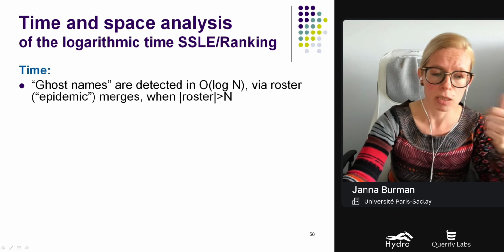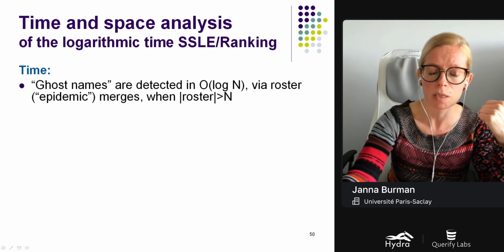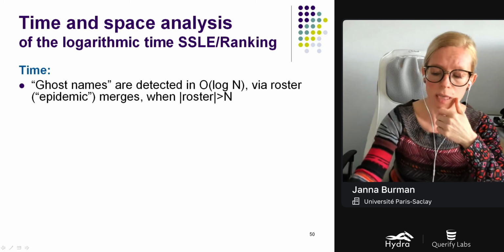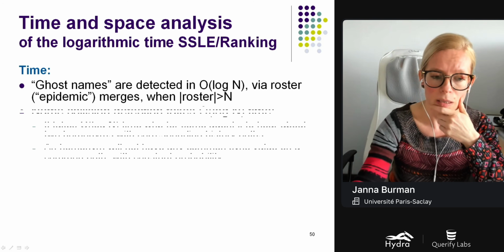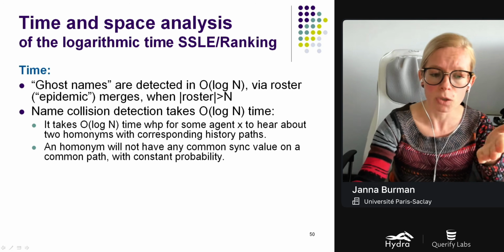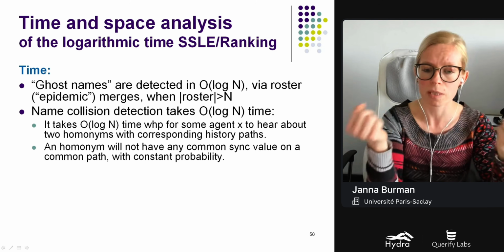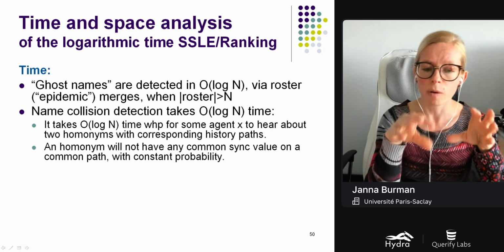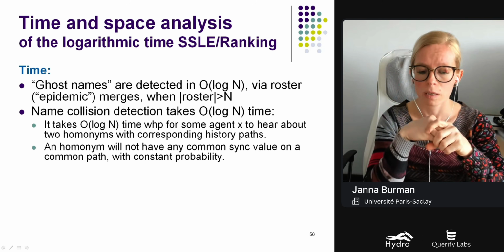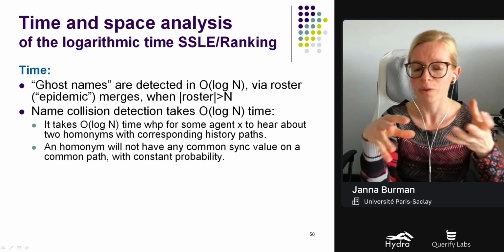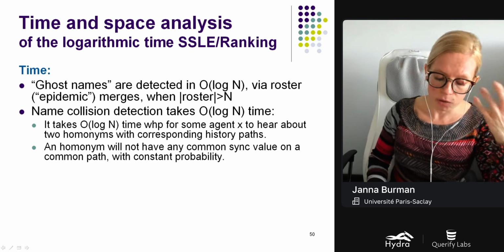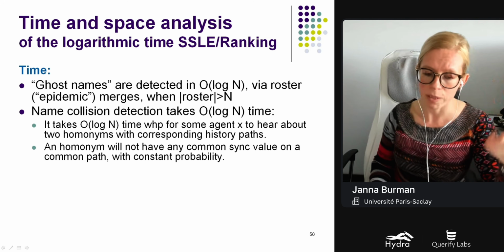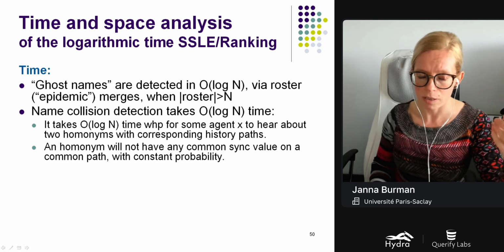So once again, to detect ghost names, we have shown that merging rosters takes logarithmic time. To detect collisions of homonyms takes also logarithmic time. So these are the two problems that will prevent us from having unique names, creating ranking and leader election.